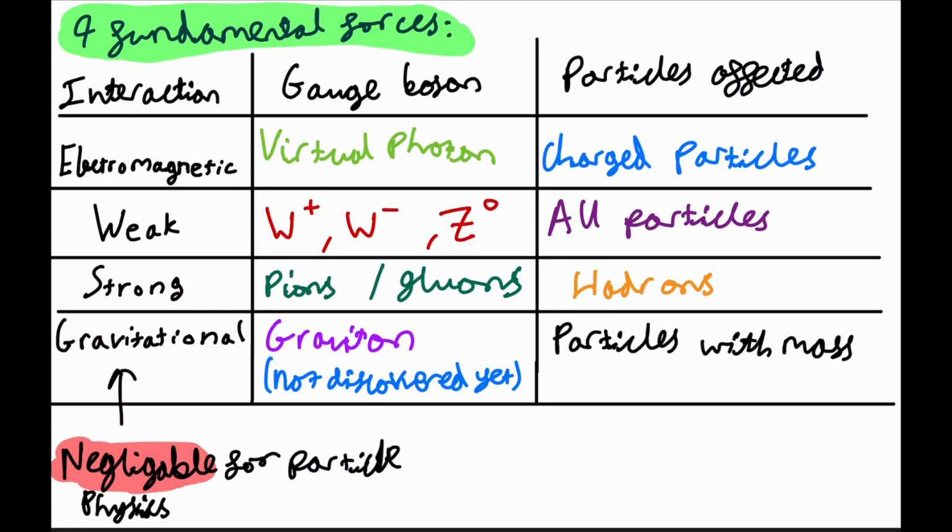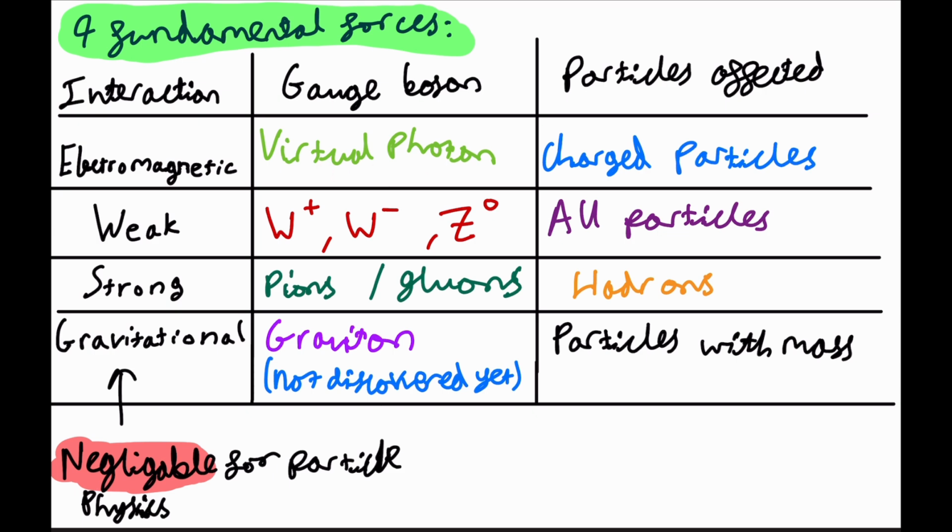So you have the electromagnetic force, which exchanges virtual photons between particles, and the particles that are affected are charged particles. Charged particles are the only ones affected by the electromagnetic interaction.